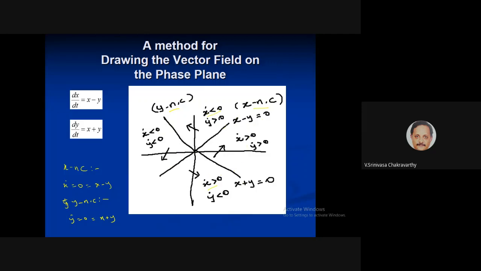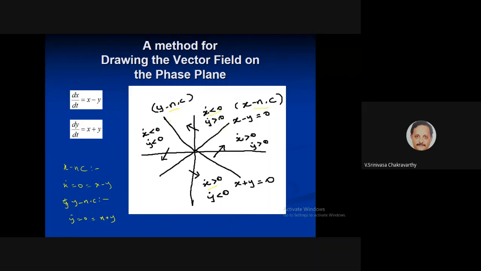Like that, without doing any detailed computations, just by looking at these broad patterns, and just by using the information that on the x-null plane x dot is 0, we can tell what happens when you go to one side. We are just looking at the signs of the quantities. We are not doing detailed computations.